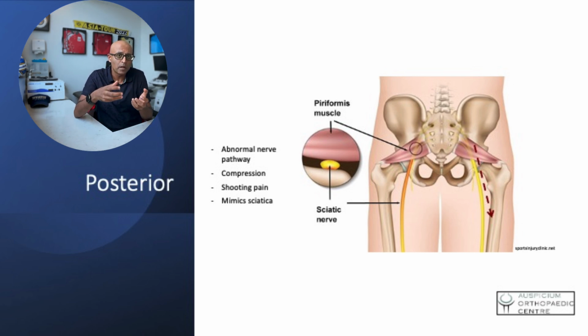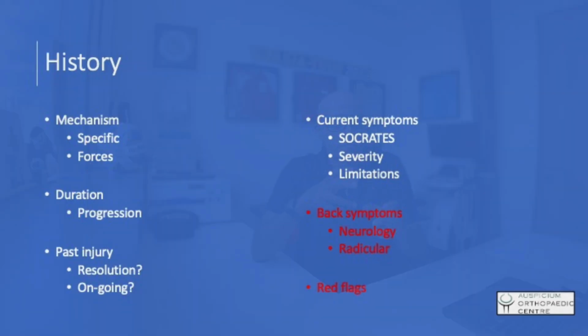And even when you palpate around the piriformis, it may cause some symptoms. It's useful to go back to your history and determine, is there a pathology in the lumbar spine? Is it focused more around the pelvis? Where do you feel that this problem is originating from, based on history, and then corroborating it with your examination?